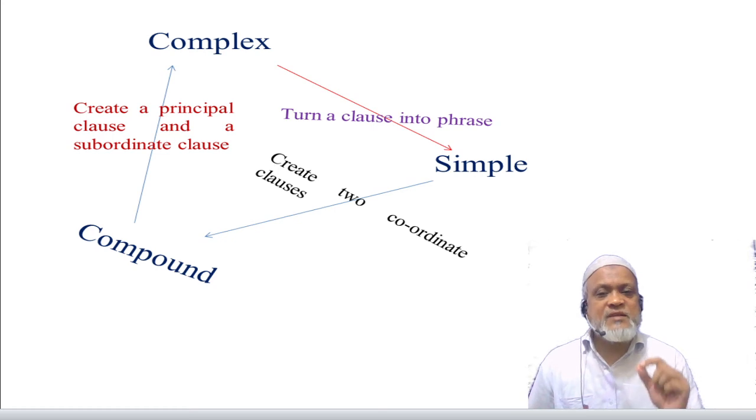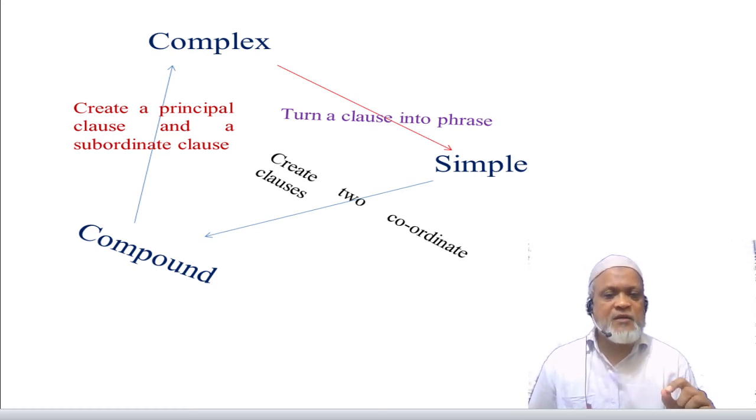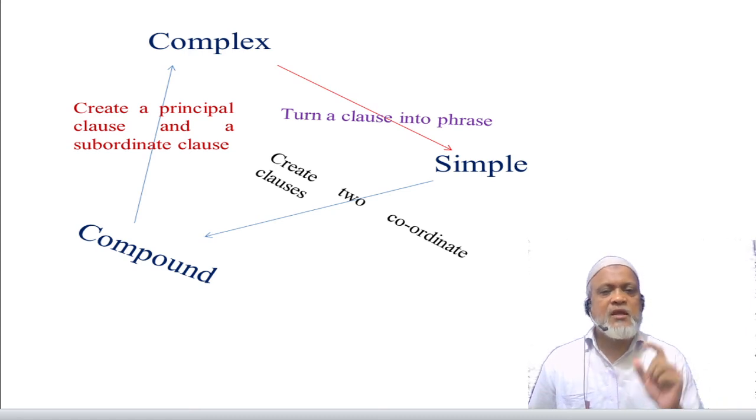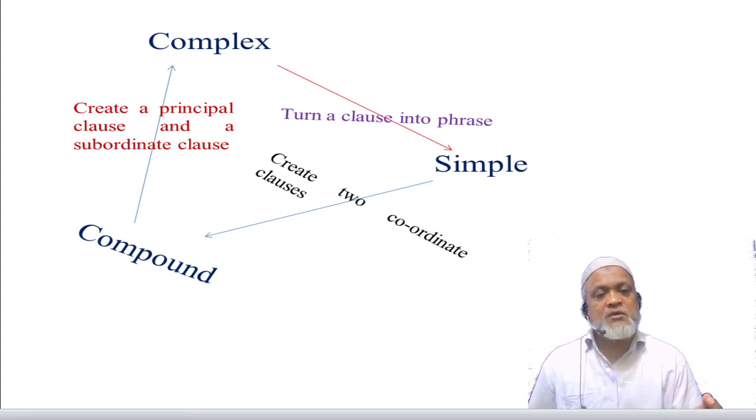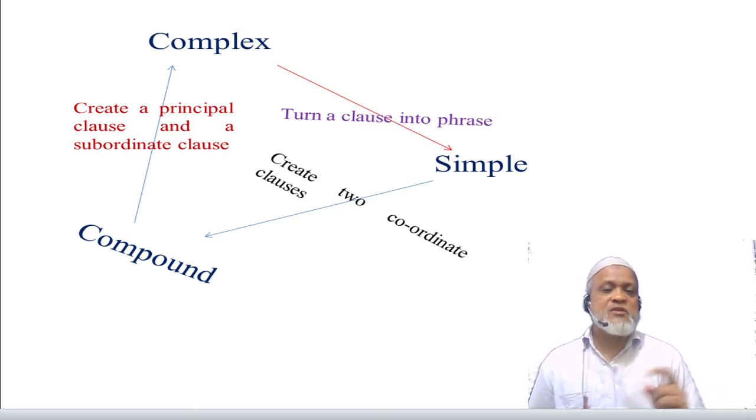Why? The complex sentence must have two clauses. One is the principal clause, and the other is the subordinate clause. Keeping one finite verb unchanged, we must change other finite verbs into non-finite and other clauses into phrases, and the complex sentence will be simple.